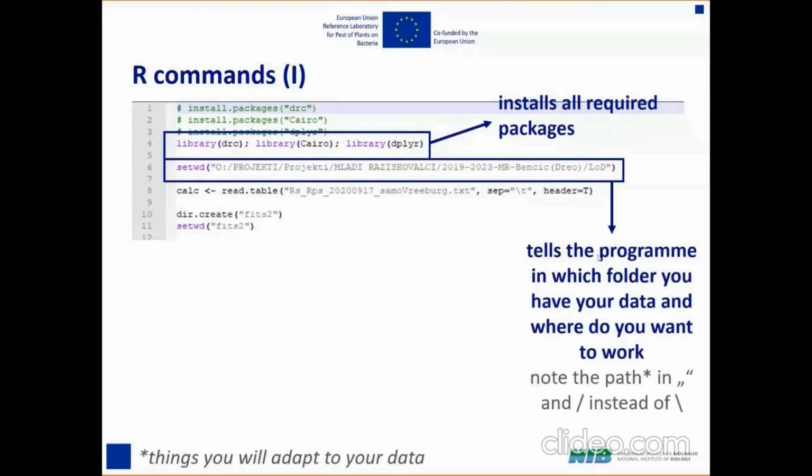The next one basically tells the program in which folder you have your data and where you want to work. And here you can see this long name that is basically the path that was used in the video demonstration that you will see.